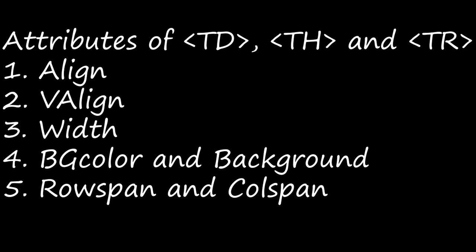Width means width of the cell. This is done in terms of pixels or percentage, right? And the next one is BG color, that is background color, or background. Background means either you can add any image or picture, or you can use BG color and give some color to the background of the cell, right?